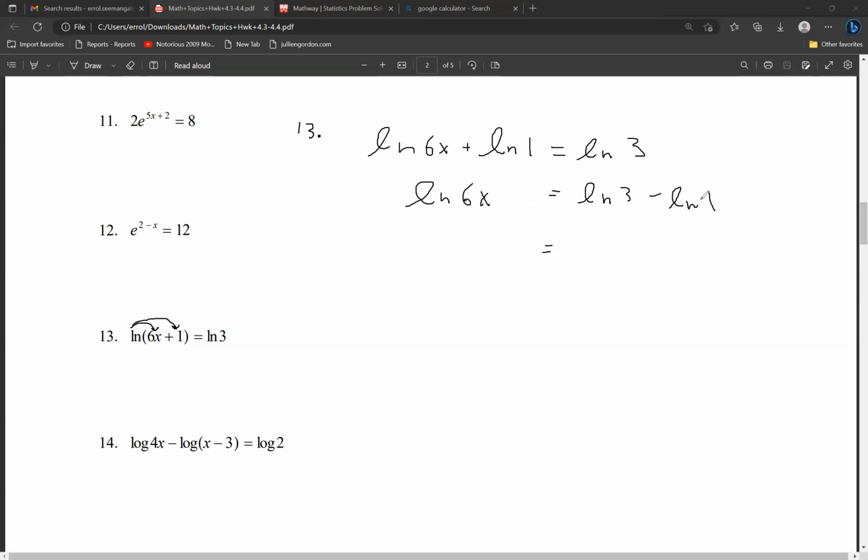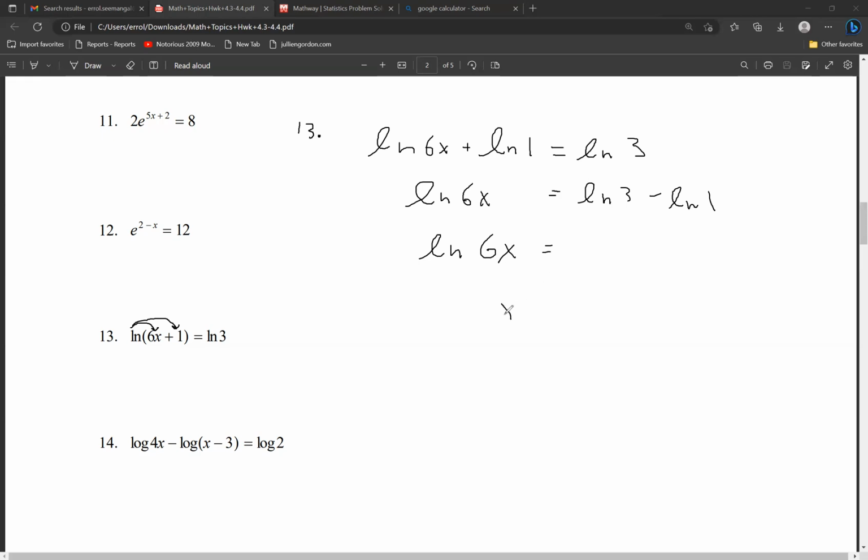So do ln 3 minus ln 1 for me. It should be the same thing though. What's ln 3 minus ln 1 in decimal form?